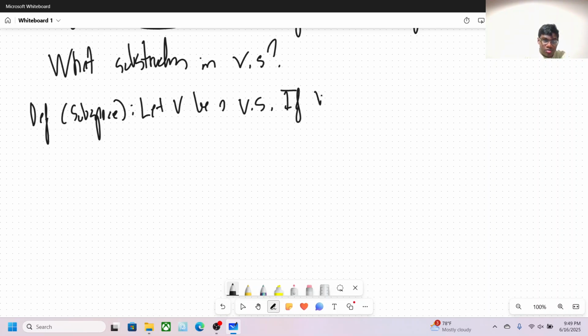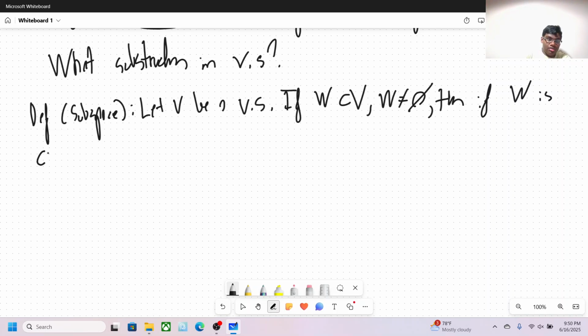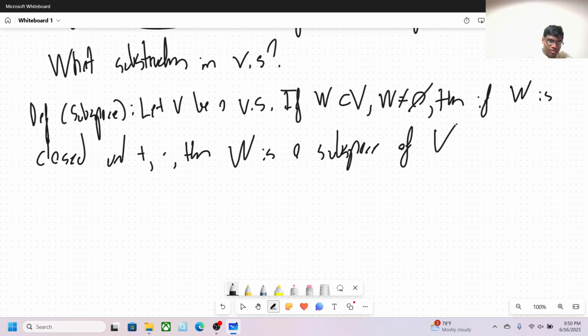If W is a non-empty subset of V, so W subset V, W not equal to the empty set, then if W is closed under addition and multiplication, under plus and C dot, then W is a subspace of V. So equivalently, what this is saying is that if it's closed under these operations, it automatically satisfies all the same arithmetic, because this just lives inside of the bigger space.